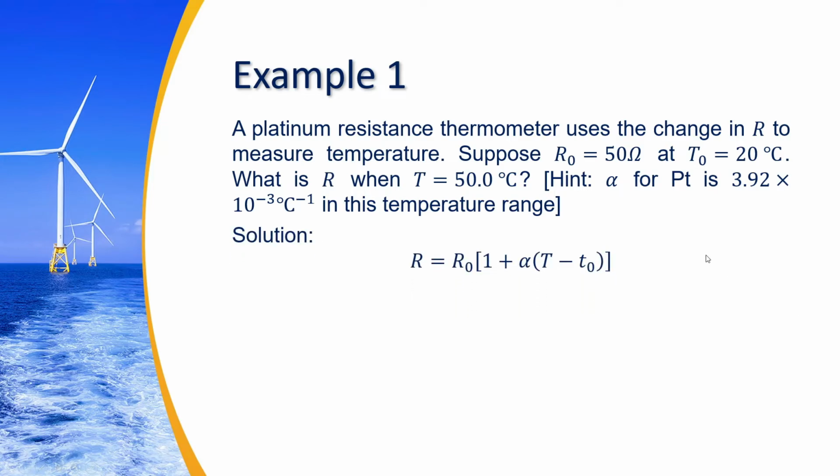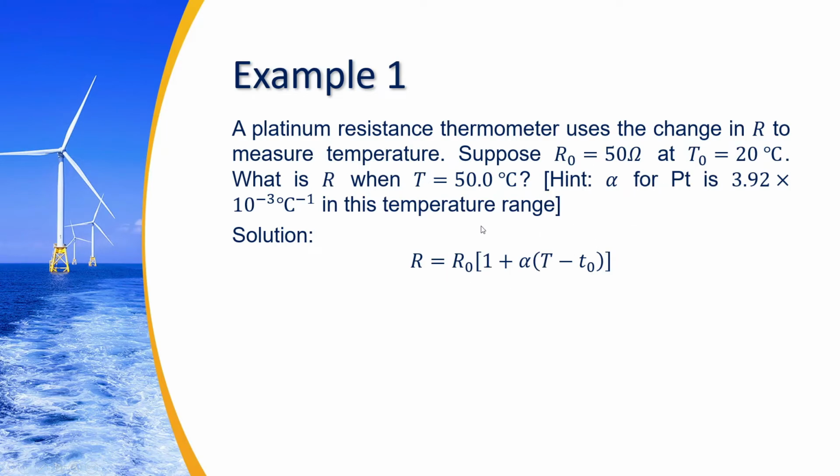Bakit? Kasi meron tayong given na initial resistance or resistance at 0 degree. So, meron tayong initial temperature na 20 degrees Celsius at meron tayong final temperature, okay, na 50 degrees Celsius. So, meron tayong alpha ng platinum.